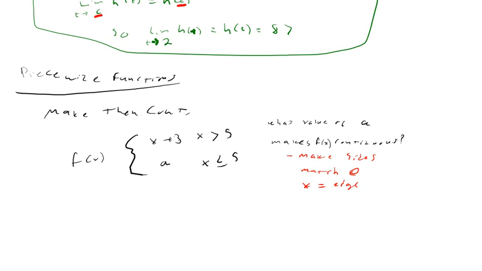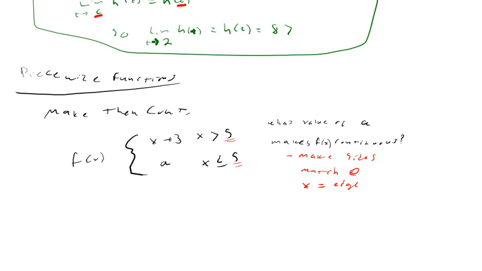So my edge value is 5. This is my edge, right? That's where the two graphs split apart, where the changeover happens, where the handoff happens. And I'm trying to make the handoff match.